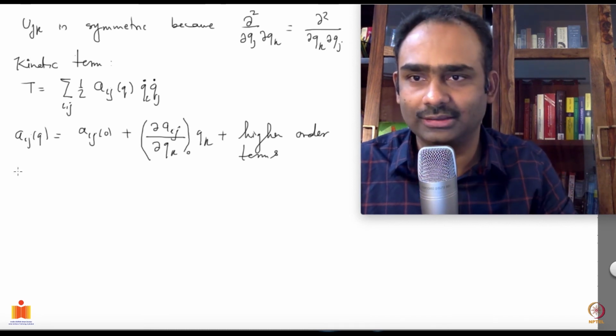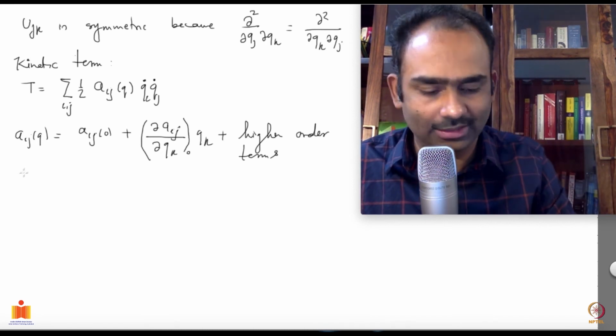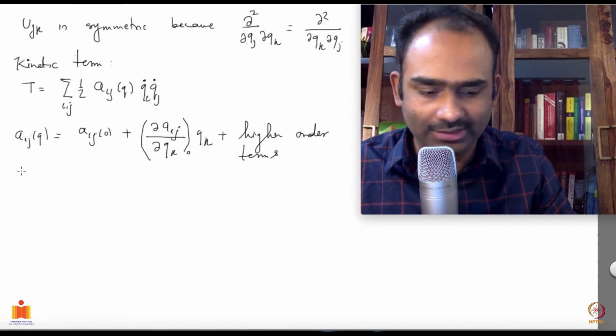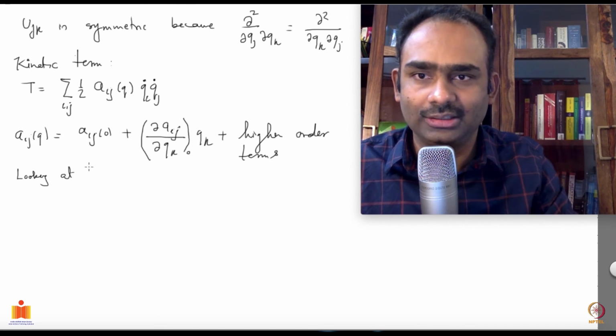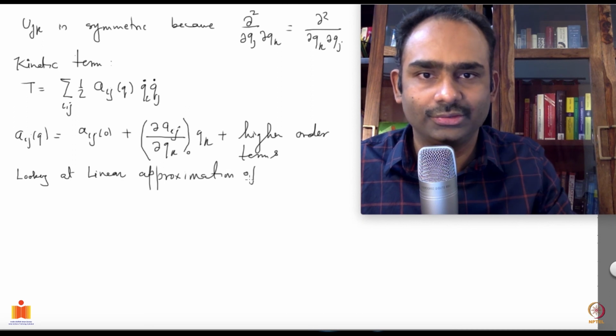So let's look at the linear approximation of the equations of motion.